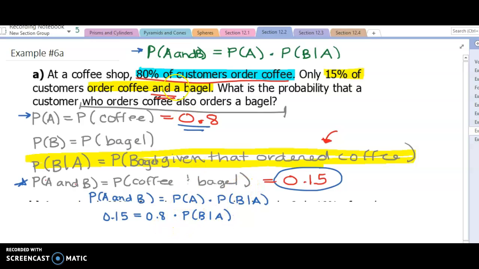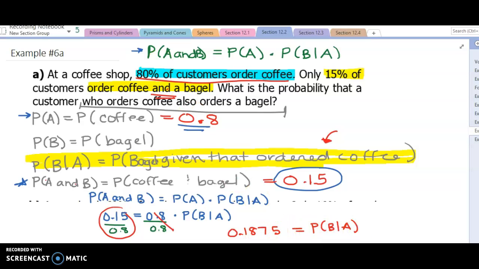To get the probability of B given A on its own, all we're going to do is divide by 0.8. Now 0.15 over 0.8 is 0.1875. That's going to equal the probability of B given A, which is exactly what we want. If we wanted to write that as a fraction, 0.1875 is 3 over 16. So either one of these would be okay.